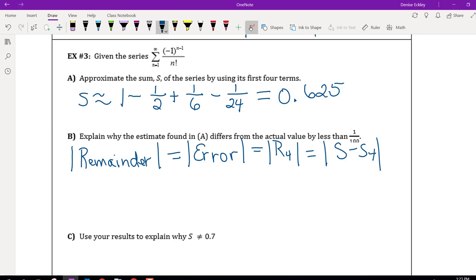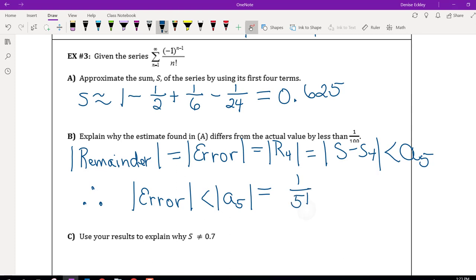And remember, it has to be less than the 5th term. So our error has to be less than our A5, and our A5 is going to be positive 1 over 5 factorial, which is 1/120. And that is definitely less than 1/100.